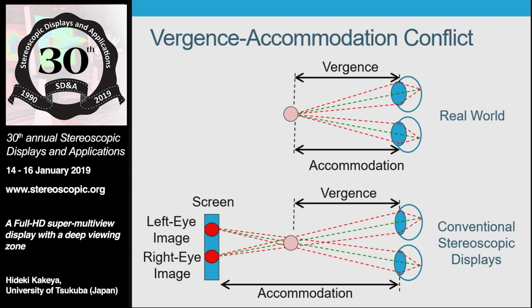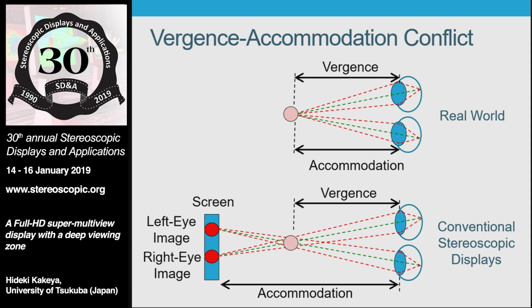But when we show an image with the conventional stereoscopic display, the left eye image is shown here, and the right eye image is shown here, and with this kind of artificial parallax, the right eye is looking in this direction, the left eye is looking in this direction.